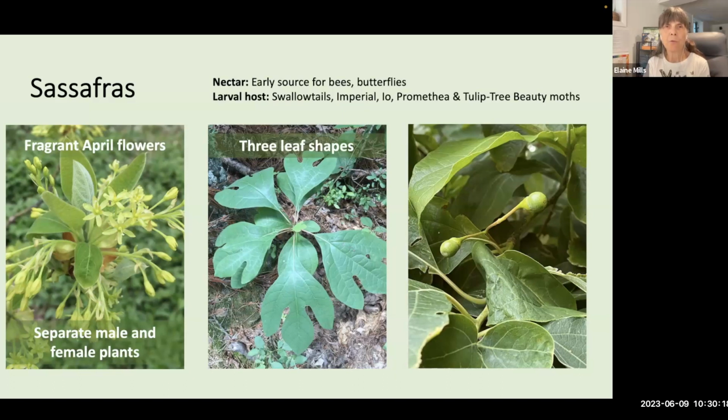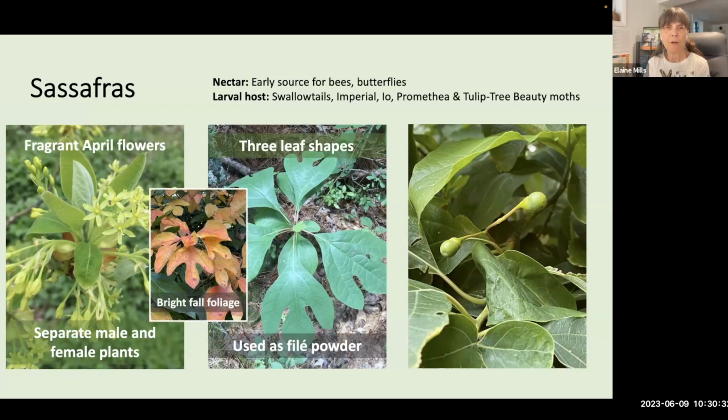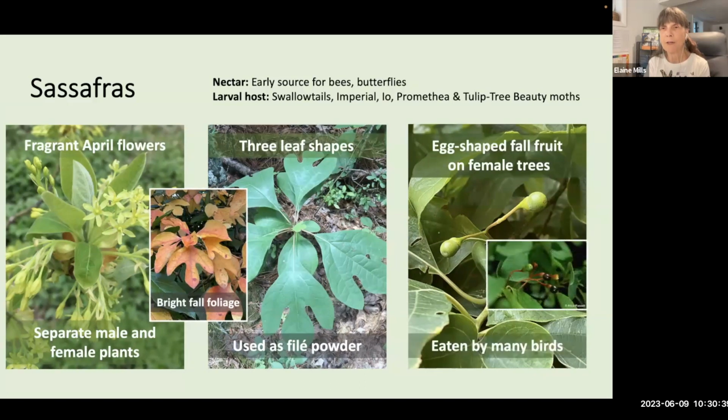And these serve as a larval host for swallowtails and several different species of moths. We sometimes use the leaves as filet powder for culinary purposes. This tree is known for its brilliant fall foliage, and the egg-shaped fruit that forms on female trees is eaten by many species of birds.